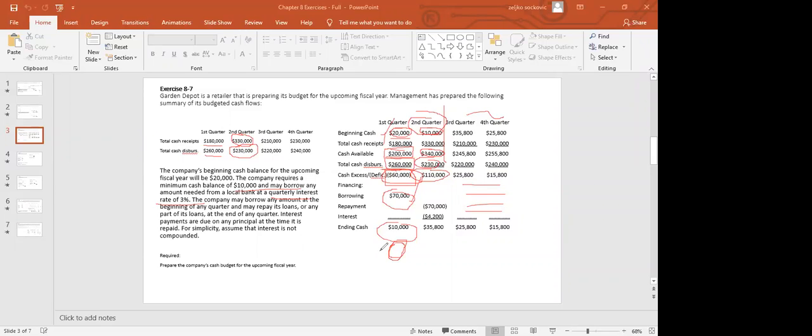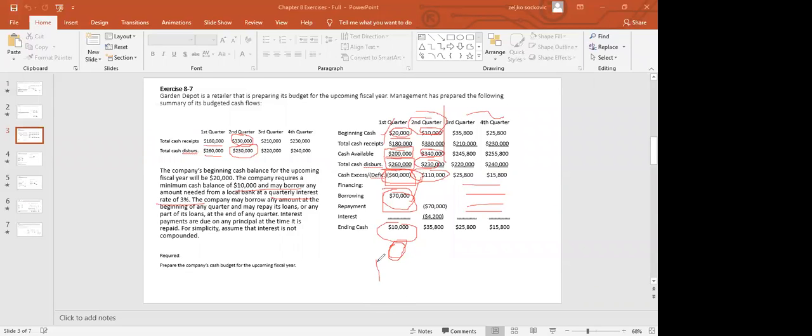Remember, this is a budget. We are planning this, so it's not like, well, you might ask a question, well, how do I know when I'm going to, well, this is a budget, right? This is not the real thing. We are planning, and we are predicting that we will need 70,000 to borrow for the first quarter.